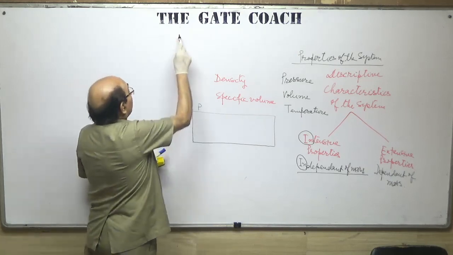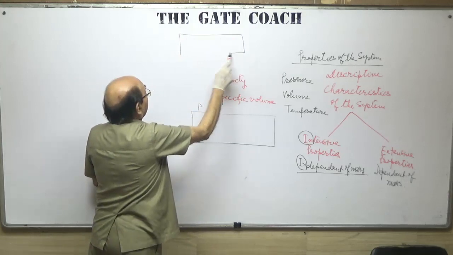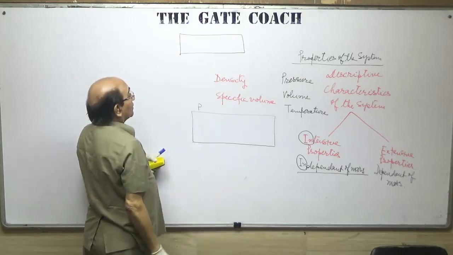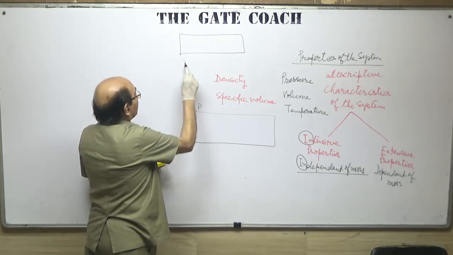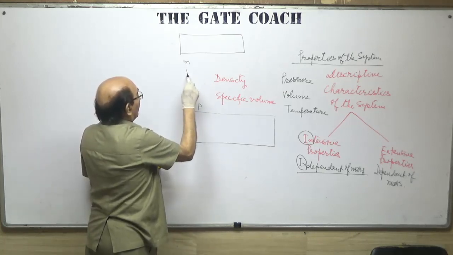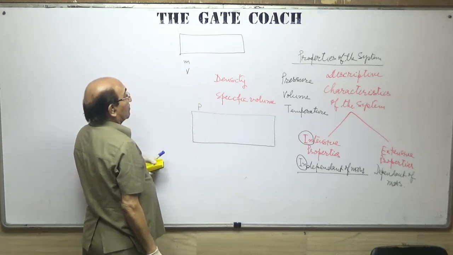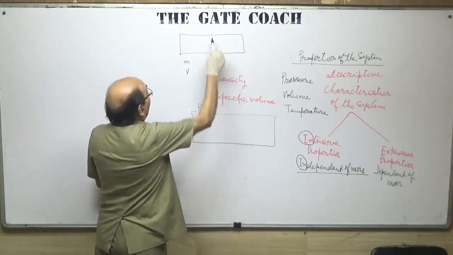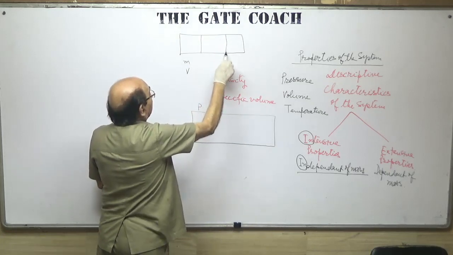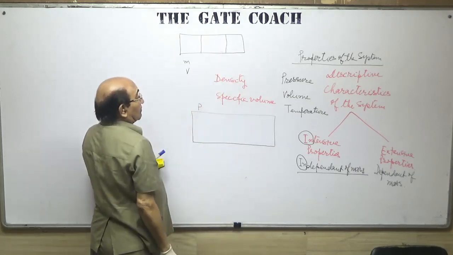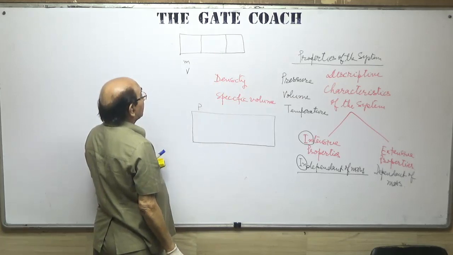To understand it clearly, let this be a system whose mass is m and volume is V. I divide it into 3 compartments.